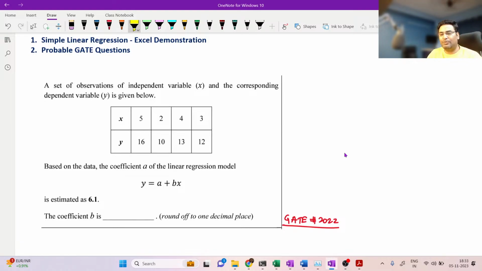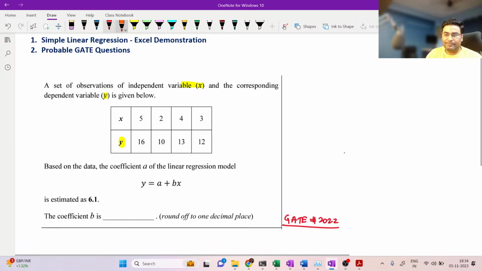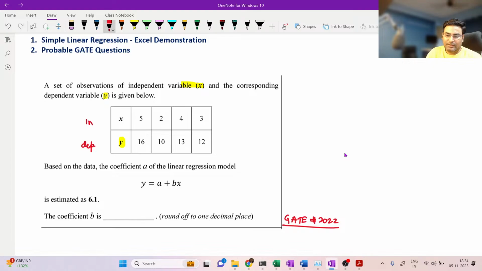It says that a set of observations of independent variable x and the corresponding dependent variable y. So this is your data, guys, right? X and y. Y is your dependent variable, x is your independent variable, right? Based on the data, the coefficient A of the linear regression model is estimated as 6.1.